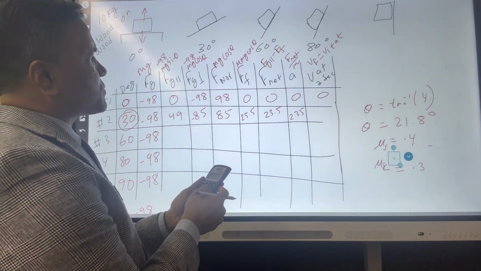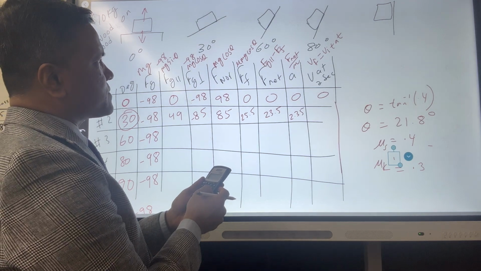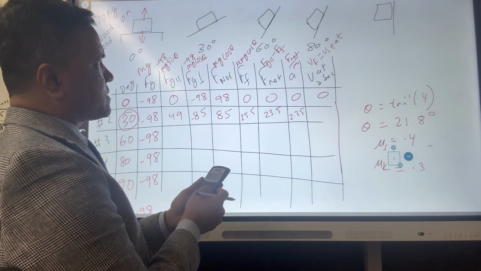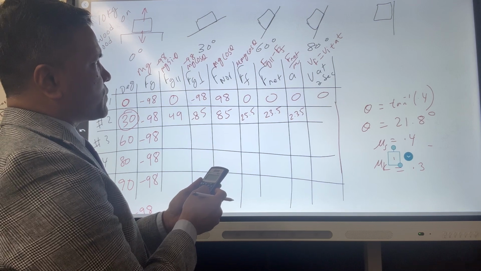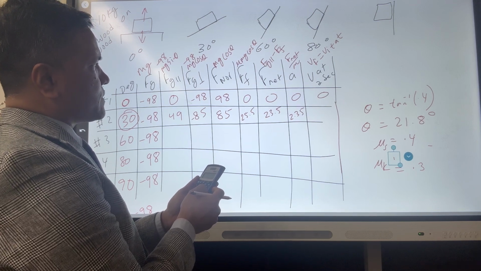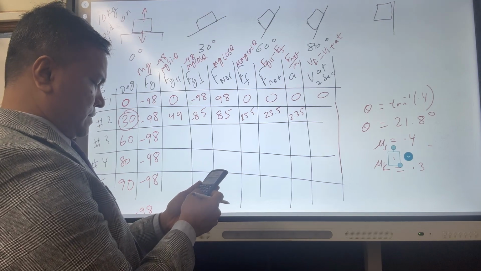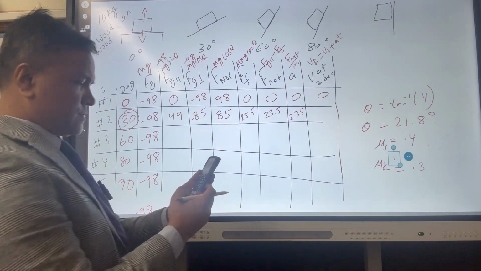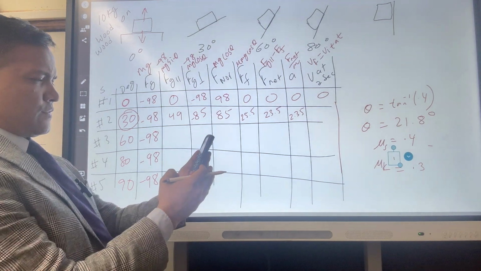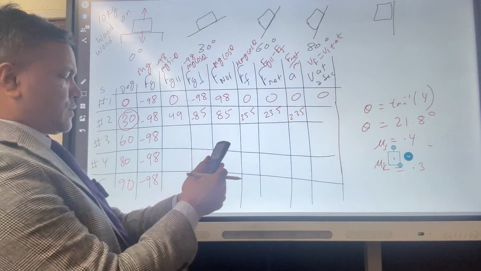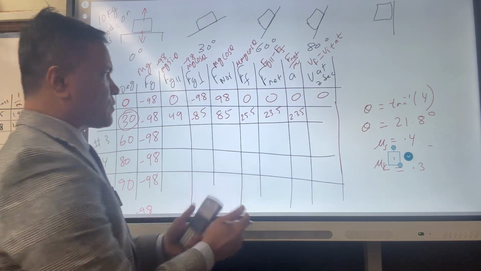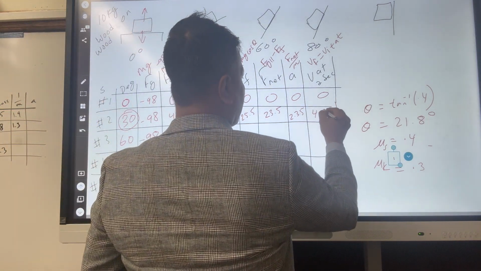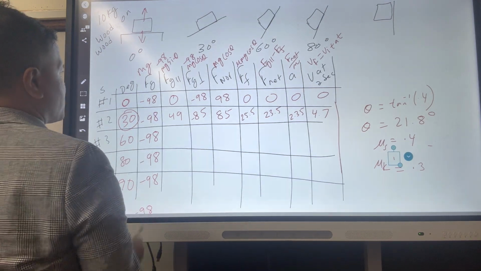While the gravitational acceleration is 9.8, this acceleration is 2.35. So 2.35 times 2, and that is 4.7. Okay. All right, let's do this one.